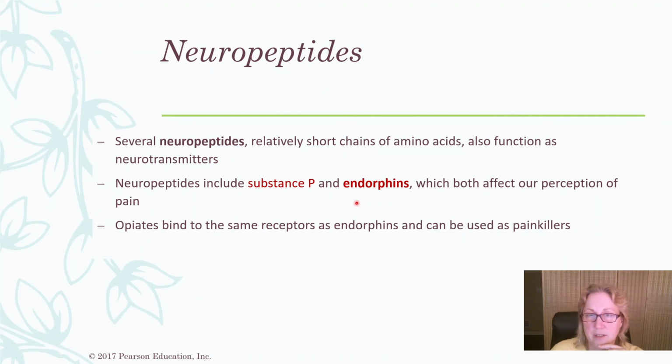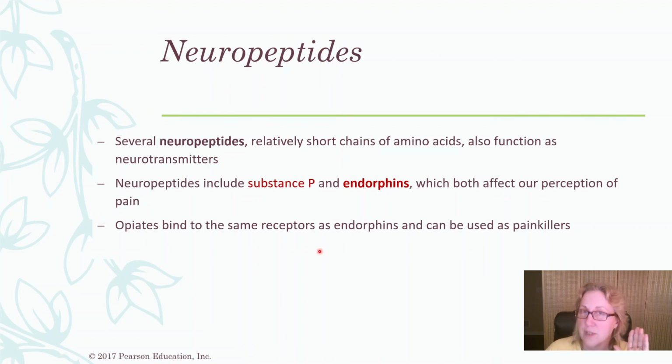Interestingly, endorphins were discovered because of opiates. Opiates are pain medicines that were originally derived from the poppy, but we now have synthetic ones like fentanyl. But it was known since, I think, the 1940s or 50s that they were binding to receptors in the central nervous system.